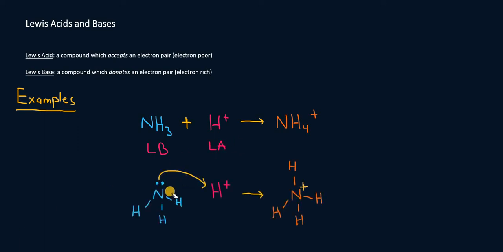So if we look at the Lewis structures here, you'll see that this nitrogen in our ammonia molecule has this lone pair on top of it. And remember, this ammonia is acting as our Lewis base. So this electron pair on the nitrogen is going to be picked up by this H plus. And what ends up happening is a new bond forms between the nitrogen and the hydrogen based on the fact that this lone pair picks up the hydrogen, and that new bond is formed.